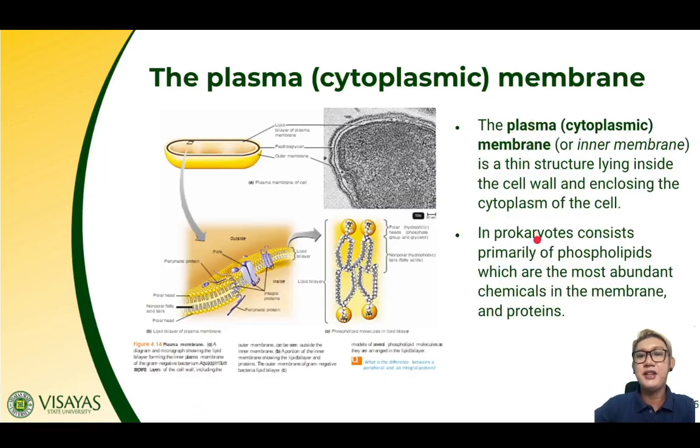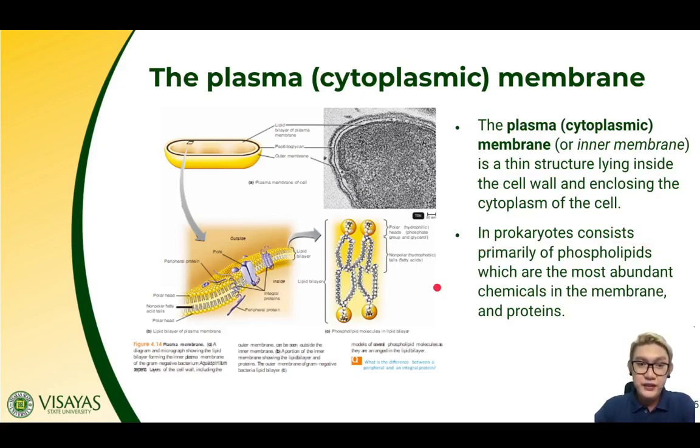So the plasma or the cytoplasmic membrane, or the inner membrane in gram-negative bacteria, is a thin structure lying inside the cell wall and enclosing the cytoplasm of the cell. In prokaryotes, it consists primarily of phospholipids, which are the most abundant chemicals in the membrane, as well as proteins.